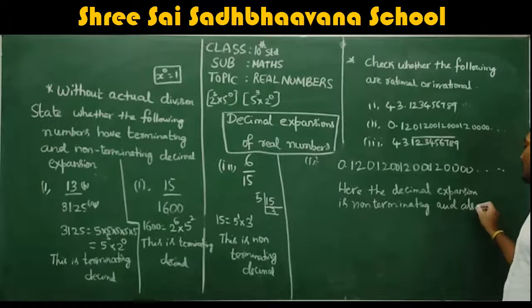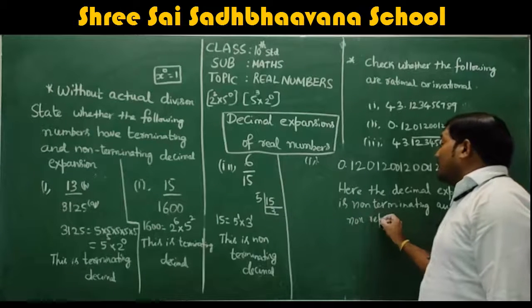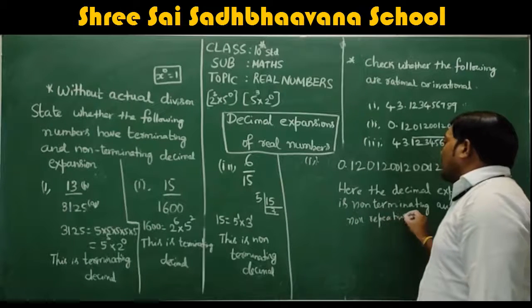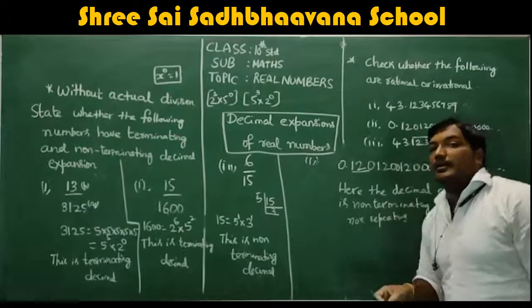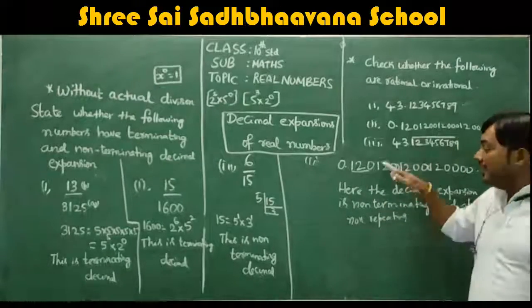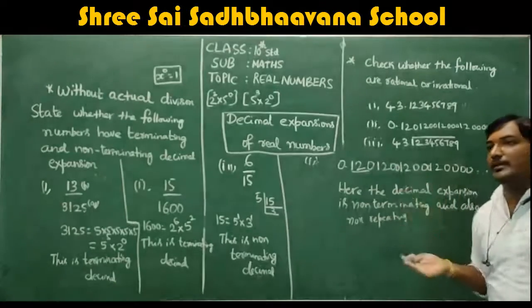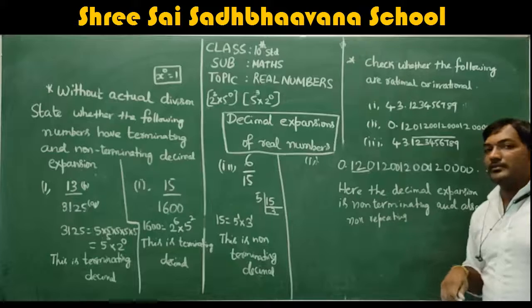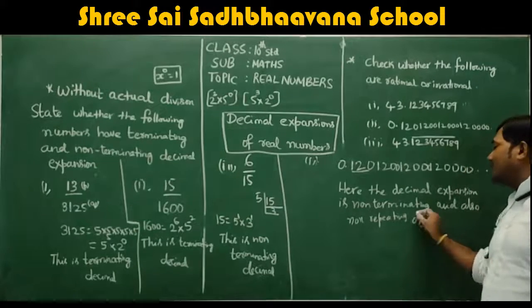No number is repeated properly. Repeating means it is not like 1, 2, again 1, 2. For 1, 2, 0, the same sequence 1, 2, 0 should come again. That is considered as repeated. It is not repeating like that, so that's the reason it is considered a non-terminating and non-repeating decimal.